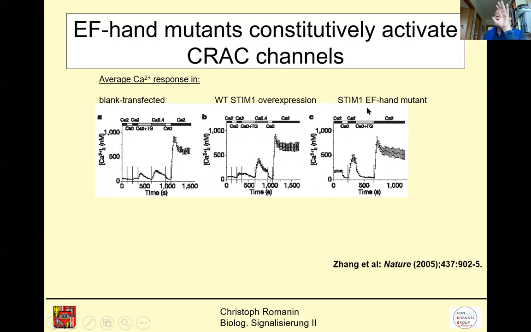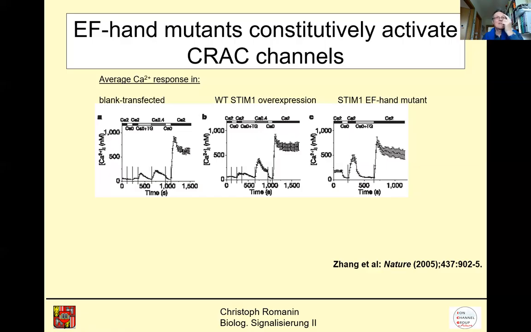But what has been done here: the EF hand is the domain that binds calcium as long as the stores are full. But when the stores are depleted, there is no calcium sitting in the EF hand anymore. So can we somehow simulate that there is no calcium at the EF hand?